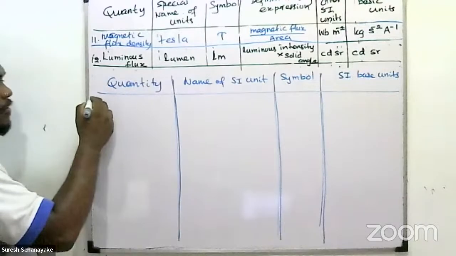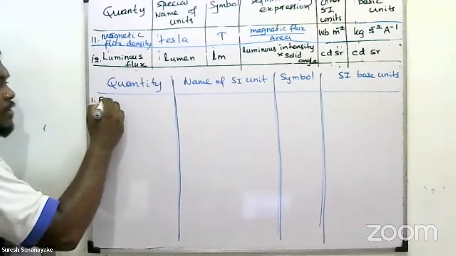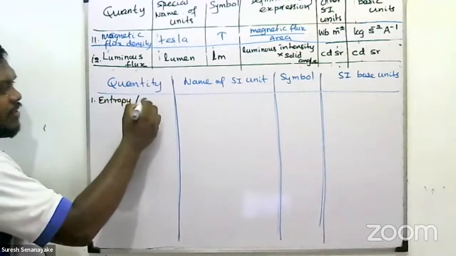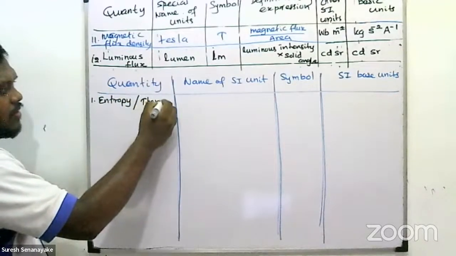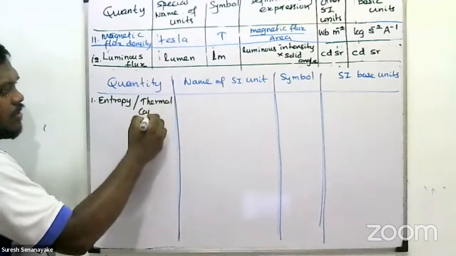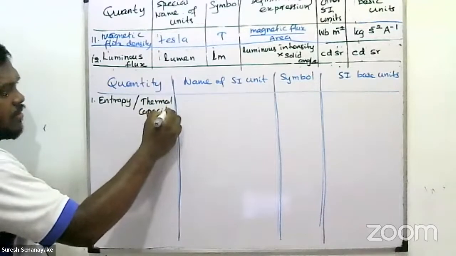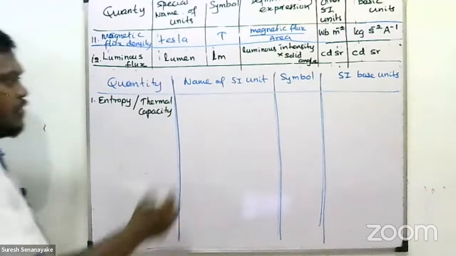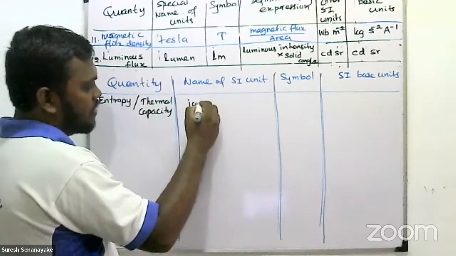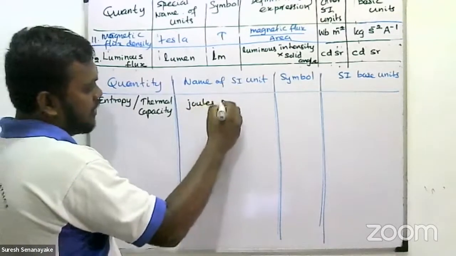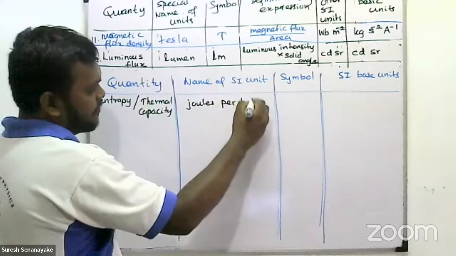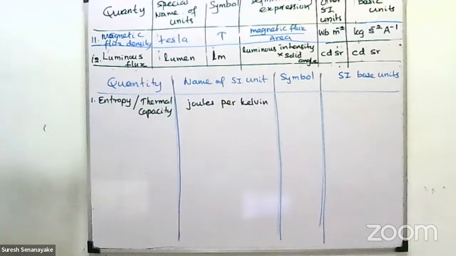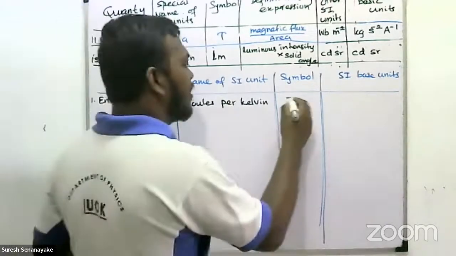Okay, then one by one again. That's entropy or thermal capacity. Its unit is joules per Kelvin, written as J K minus 1.